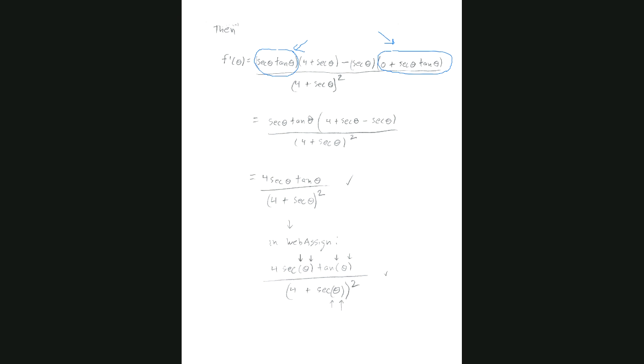I certainly don't want to type all this in WebAssign, so I'm going to simplify the answer. Secant of theta tangent theta factors out from the numerator, leaving me with 4 plus secant theta minus secant theta as the other factor. And then, oh, isn't that nice? The secant thetas drop out.